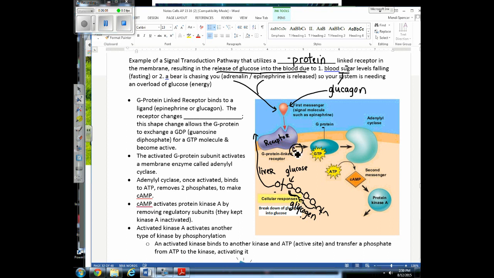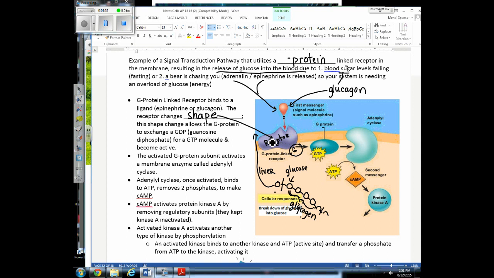Whenever the signaling molecule binds to the receptor protein, then this G protein becomes activated. And remember, it's the shape change of this receptor protein that is allowing for this G protein to become activated. Now, in order for this G protein to be fully activated, it has a molecule called guanosine diphosphate, really similar to ADP.